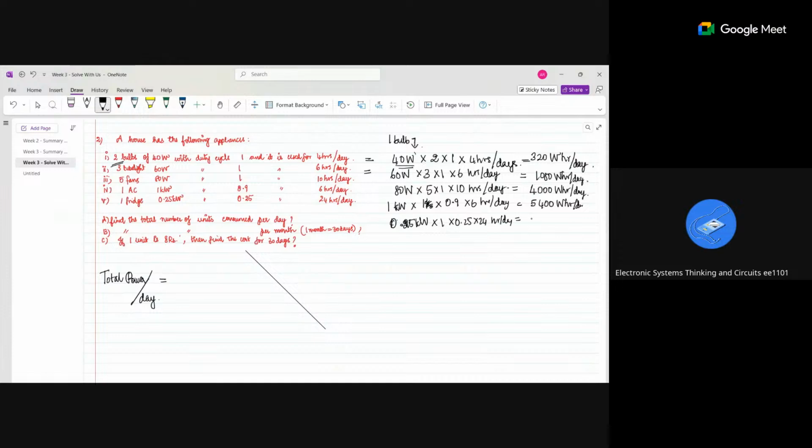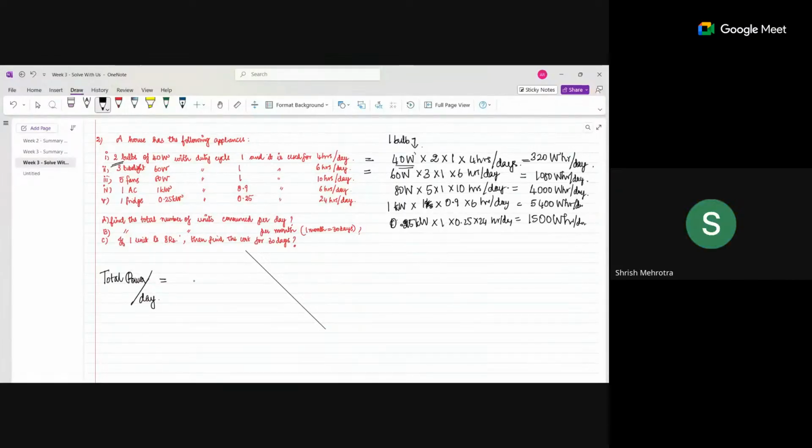So what about this last one? It's 0.625 into 20. 0.25K into 0.25 into 24. It's 1500 per day. So if I add it, I will get the total power that has been consumed per day, right?